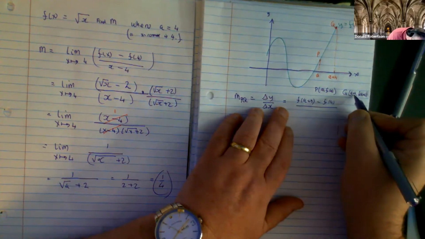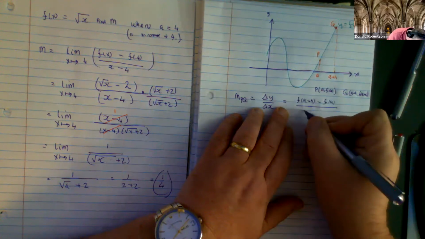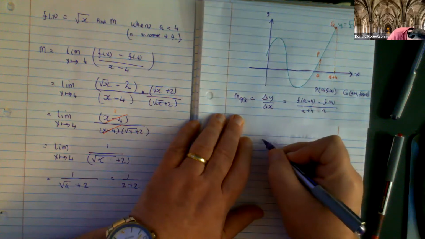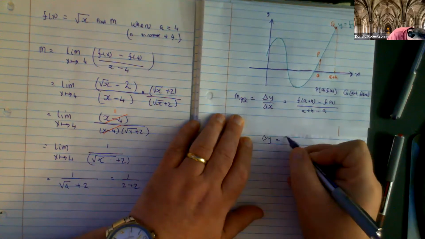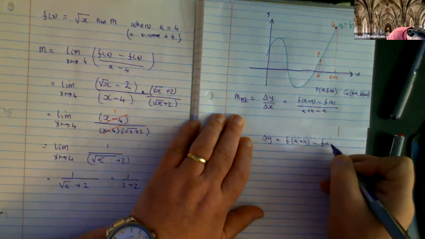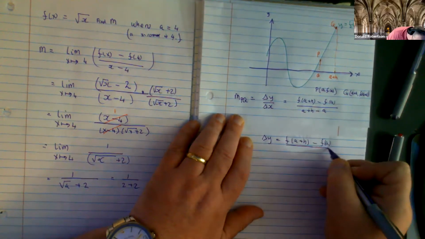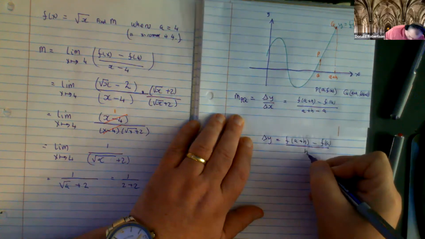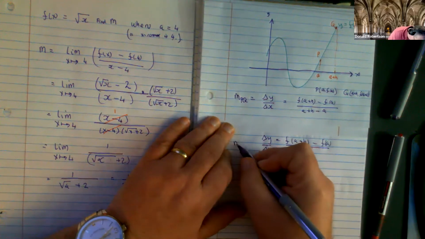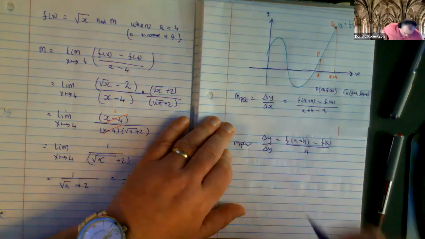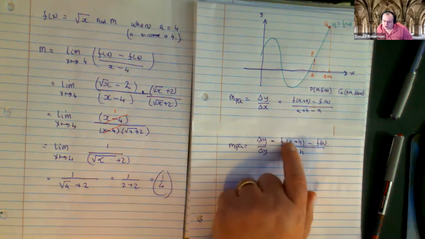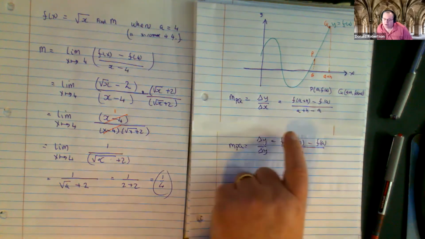And then the difference in these x coordinates is a plus h, take away a. So we get essentially f of a plus h, take away f of a, all over just h. So the slope of the line joining P to Q in terms of a and h is this formula.